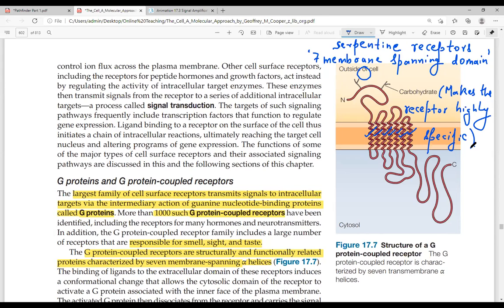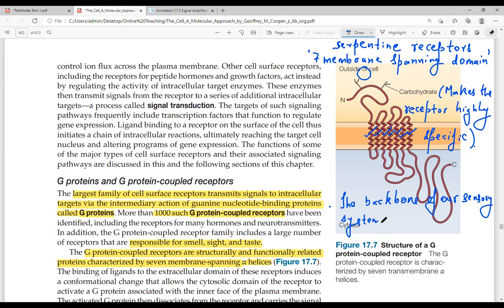Now, these GPCR molecules are the main backbone of our sensory system. What do I mean by the backbone of our sensory system?